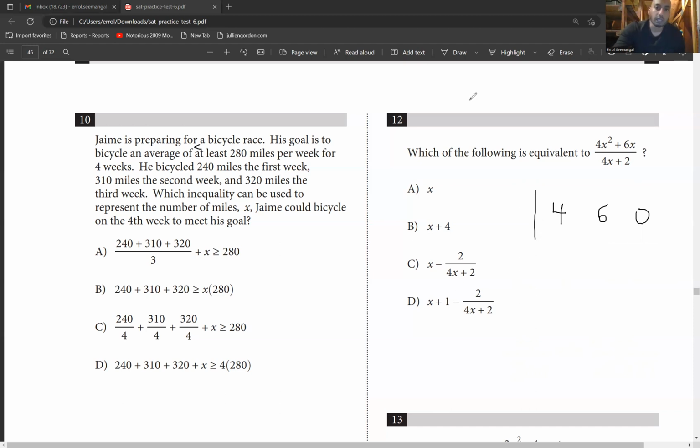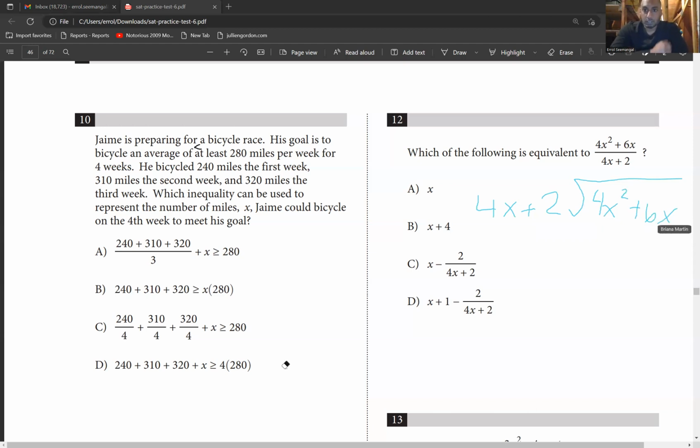Okay, I got you. All right, can you write it on the screen? Try it on the screen.